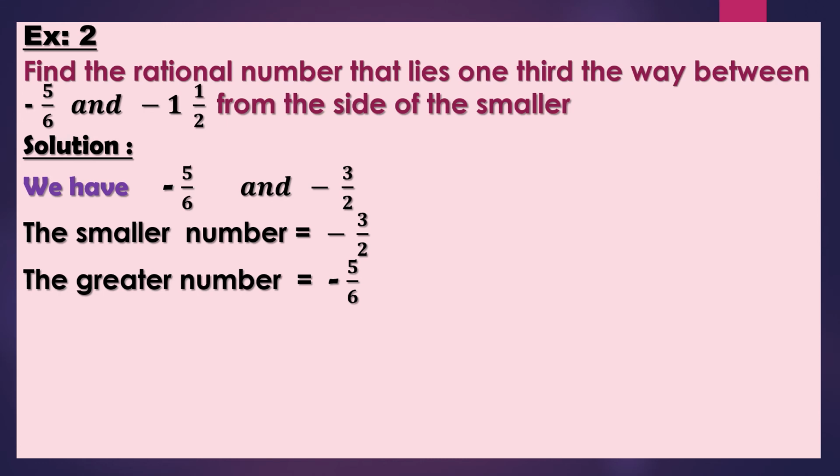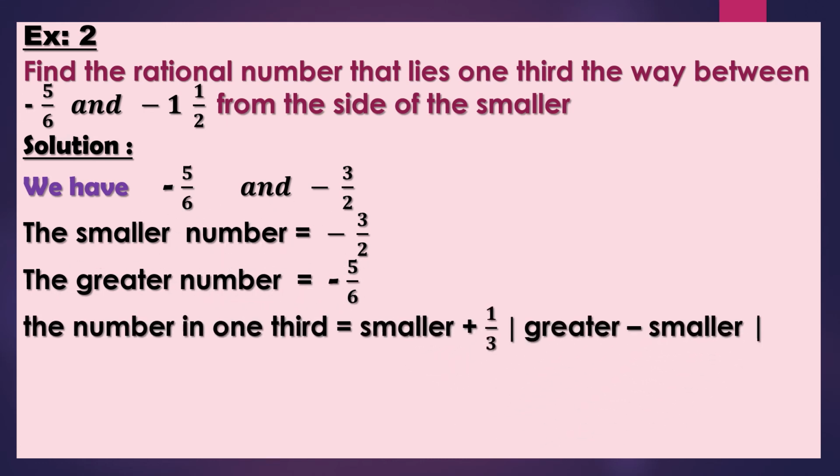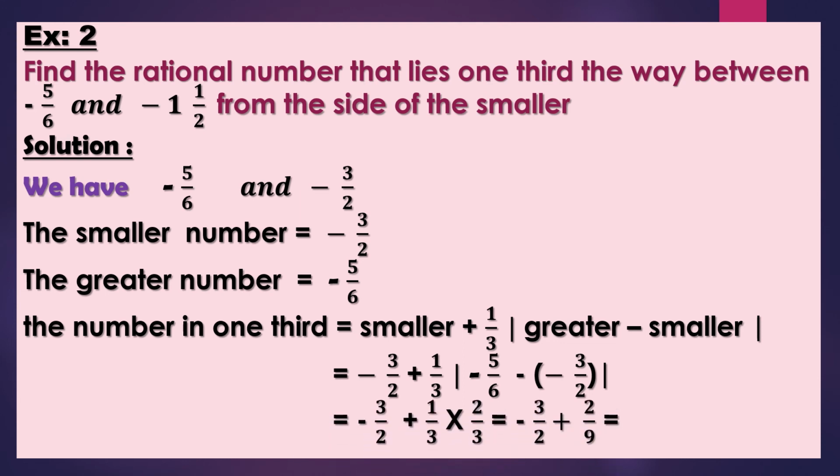The number that lies 1/3 of the way between those numbers will equal, by using this rule, smaller plus 1 over 3 absolute value of greater minus smaller. We substitute the smaller and the greater number as follows: negative 3 over 2 plus 1/3 absolute value of negative 5 over 6 minus negative 3 over 2, which is equal to negative 3 over 2 plus 1 over 3 times 2 over 3.